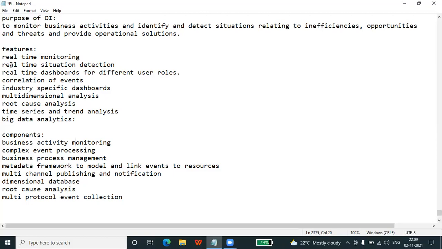Then metadata framework to model and link events to resources. Multi-channel publishing and notification. Dimensional database, root cause analysis, and multi-protocol event collection.